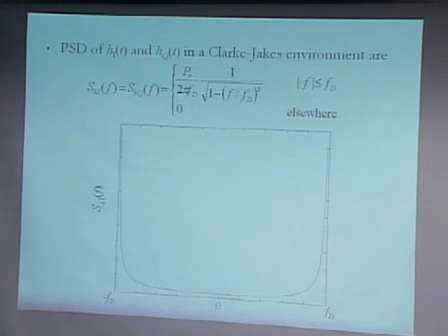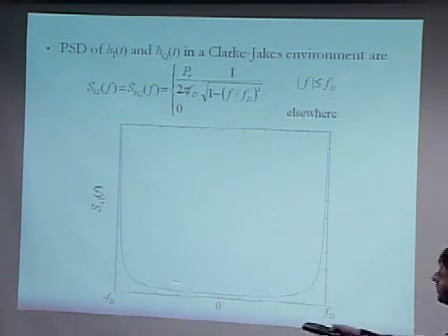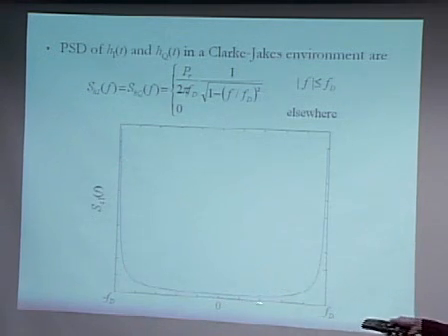Can anybody answer why this isn't uniform? We have an environment where scattering is uniform from all directions. And yet, in terms of Doppler shifts, we find that most of the time, the frequency is shifted by f sub d or minus f sub d.